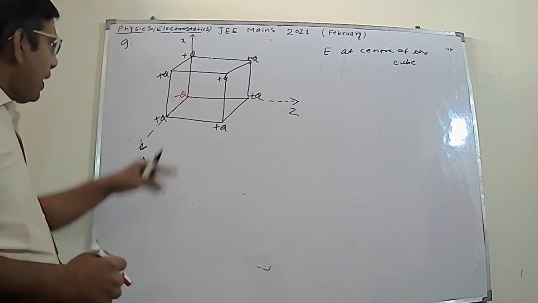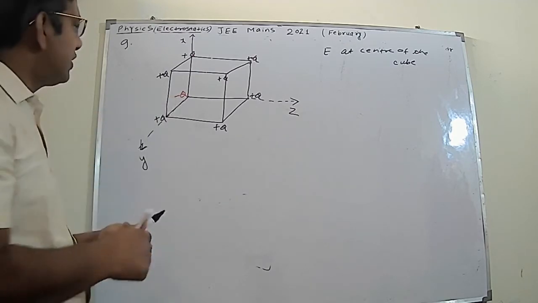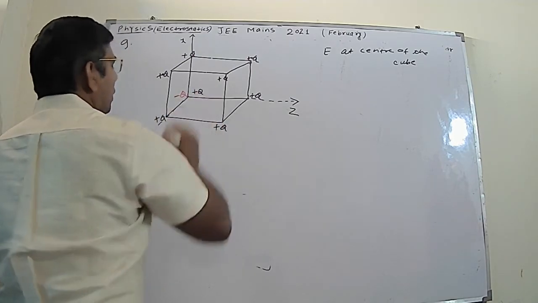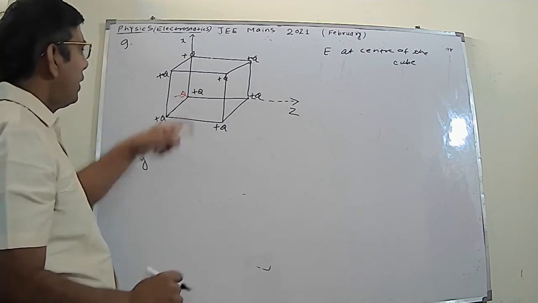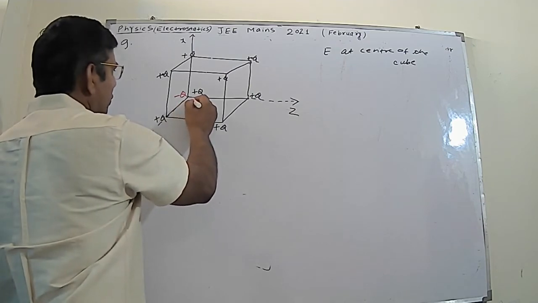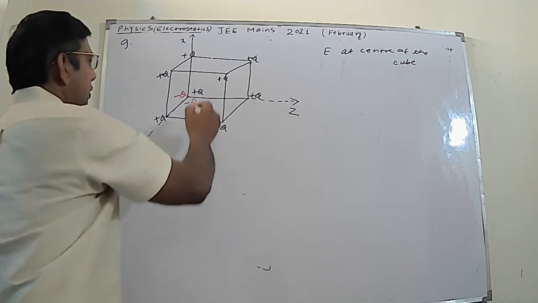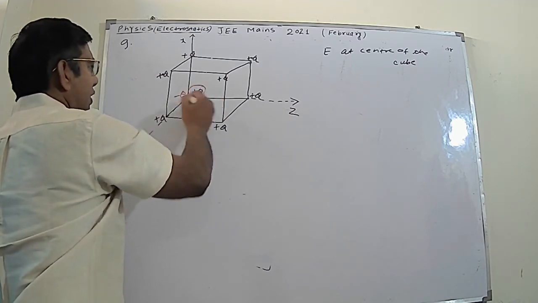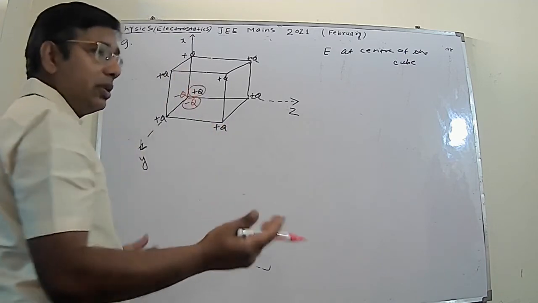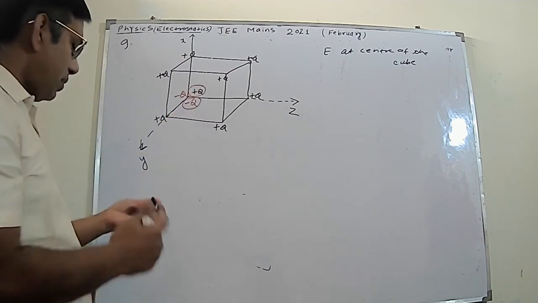So we can assume that here also a plus q charge is there, right? And we can add one more, so here there is a minus 2q charge. Okay, and we can add one more q, minus q charge, right? Plus q charge and minus q charge. So we are adding a plus q charge and again adding a minus q charge. There is no harm in adding this plus and minus one, right?